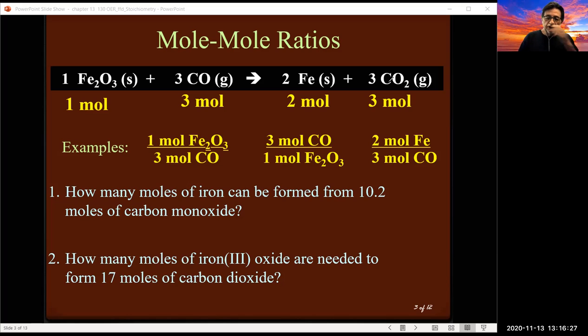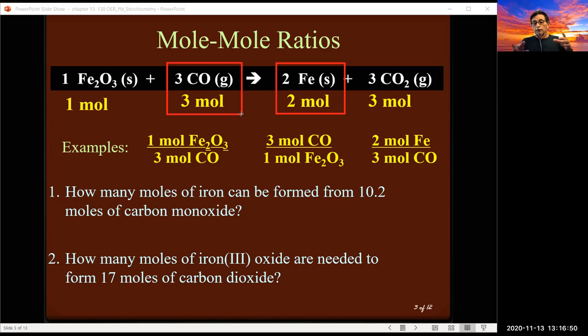All right, and so let's look at the first problem here. They're asking you here how many moles of iron can be formed from 10.2 moles of carbon monoxide. The point being here is we're dealing simply with iron and carbon monoxide.